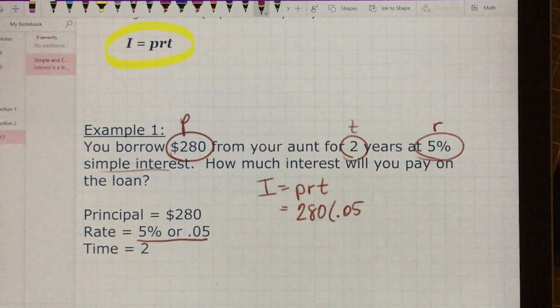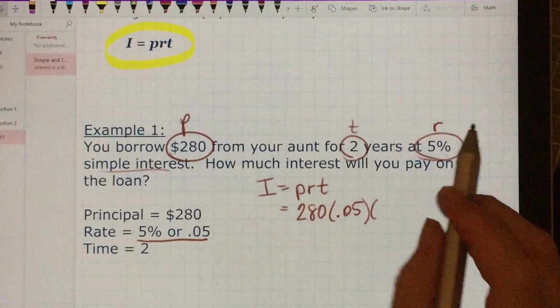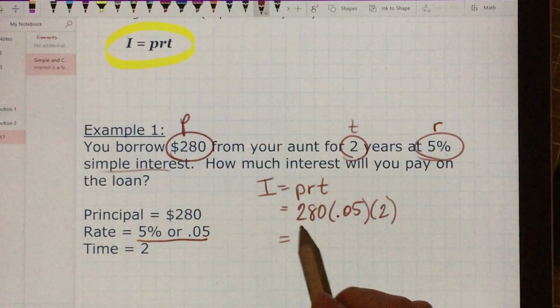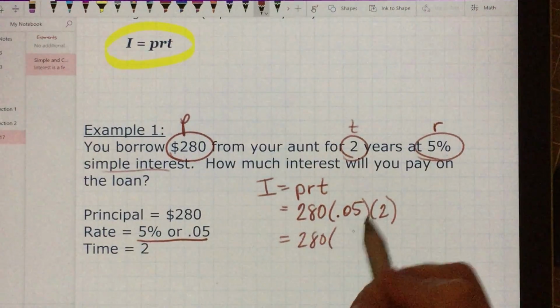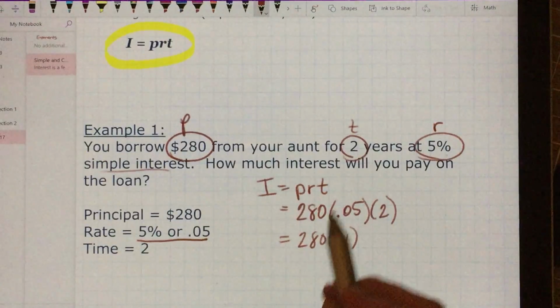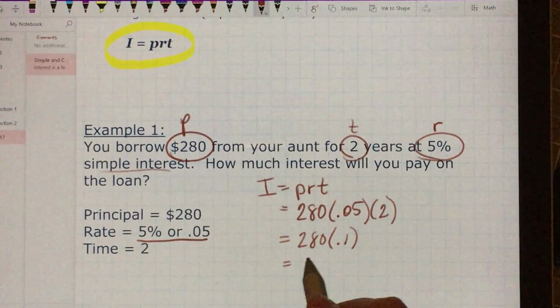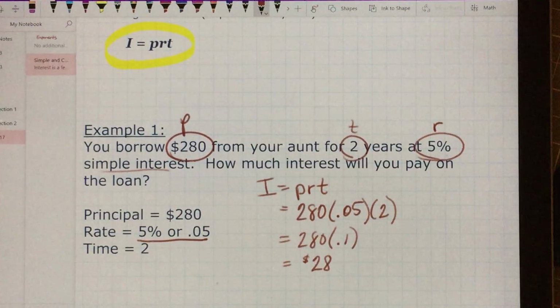Remember, we had to convert that percentage to a decimal, times time. Working this out, we see that this is 280 times 0.1. The 0.1 means we're just going to move our decimal over on this once. And this is $28.